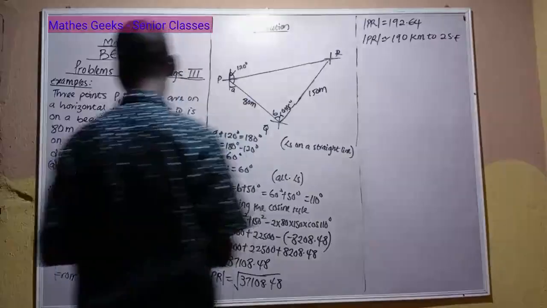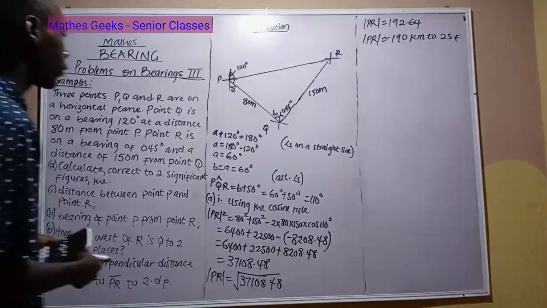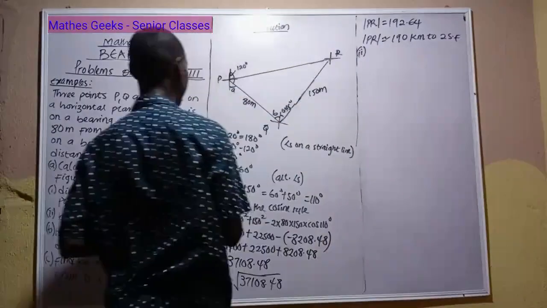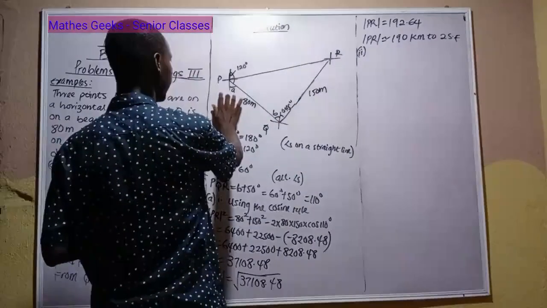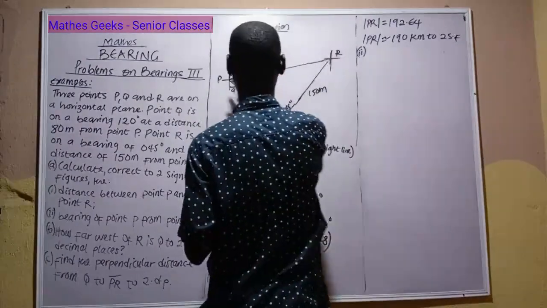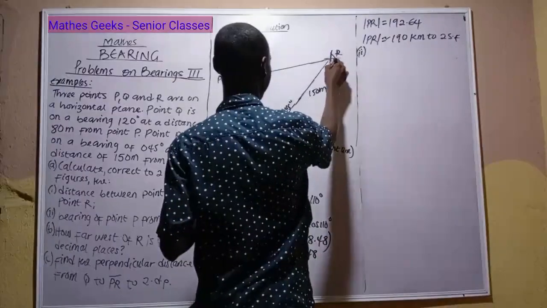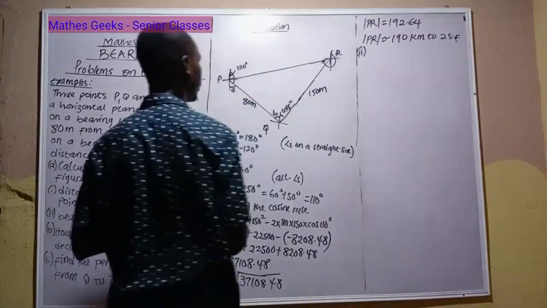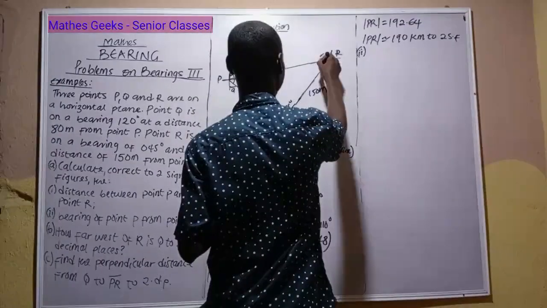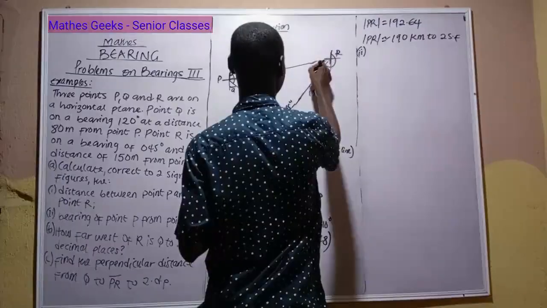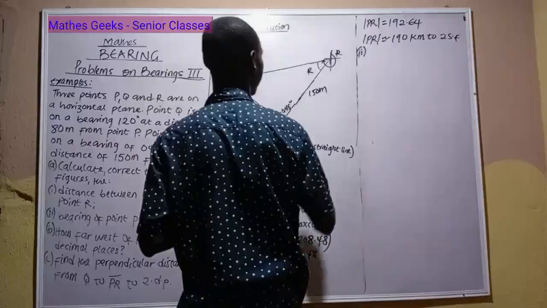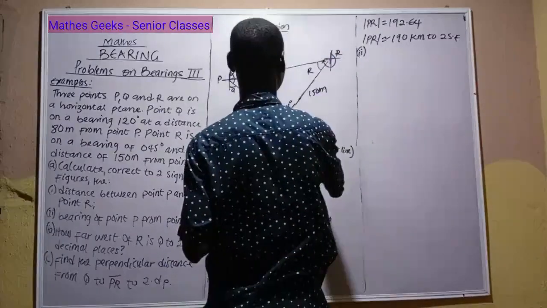Next, figure 2: the bearing of point P from point R. The bearing of point P from R would be like this. So we need to know this angle. Let's call this R, angle R, and from here we can get it.